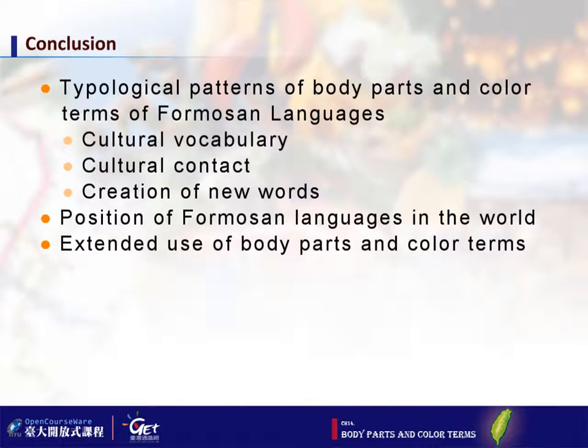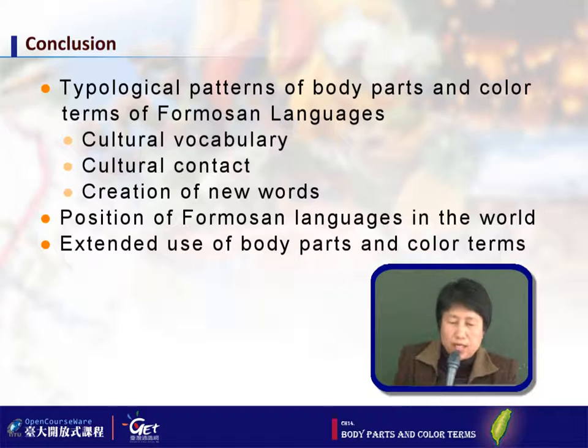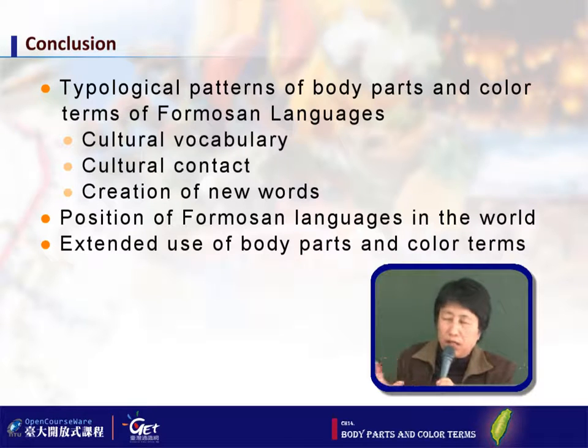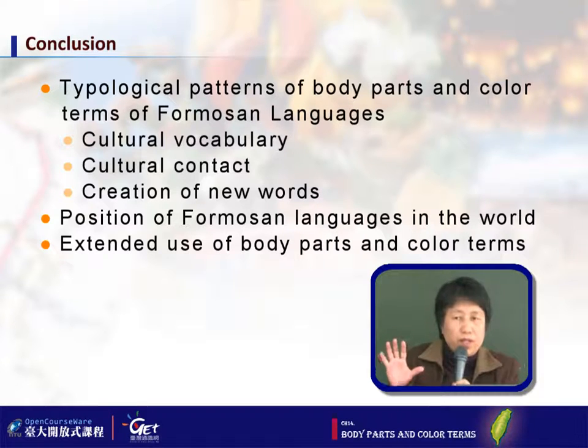And then maybe we'll be able to see some of the cultural contact by looking at the Formosan languages' vocabulary. We find out that there's great contact between Formosan languages and Japanese, also Formosan languages and the Hakka language.